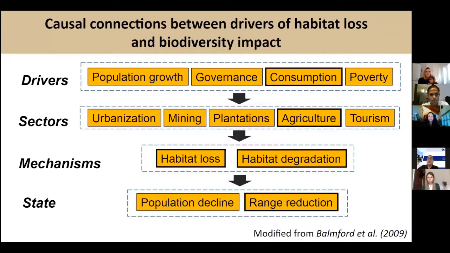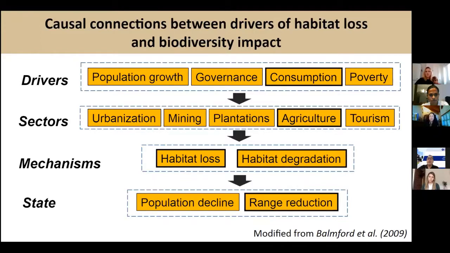And these drivers can variously influence the sectors within which human activities take place, such as urbanization, mining, plantation, agriculture, and tourism. And these sectors can also affect the state of biodiversity through different mechanisms, and here I show two examples: habitat loss and habitat degradation.